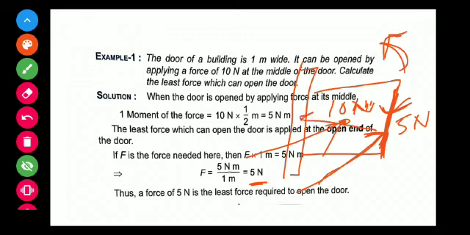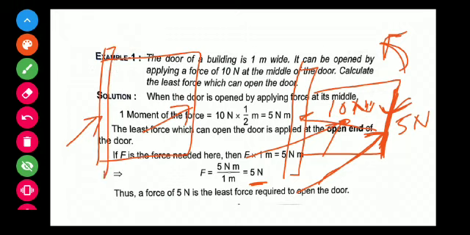Now perform a simple experiment. First apply the force at the edge, and then apply force at this point near the axis of rotation.